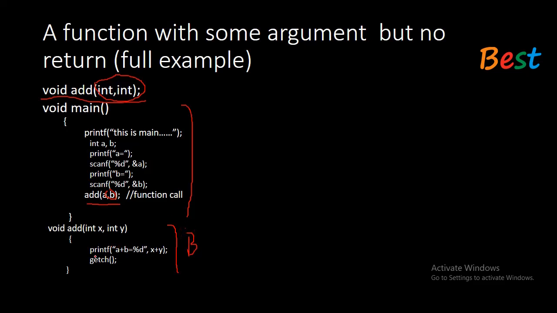This section has printf, and this body has again arguments x and y: void add x and y. The value of a will go to x and the value of b will go to y, and this function will print x plus y, not a plus b. It will show the x plus y, and I will show you the practical.